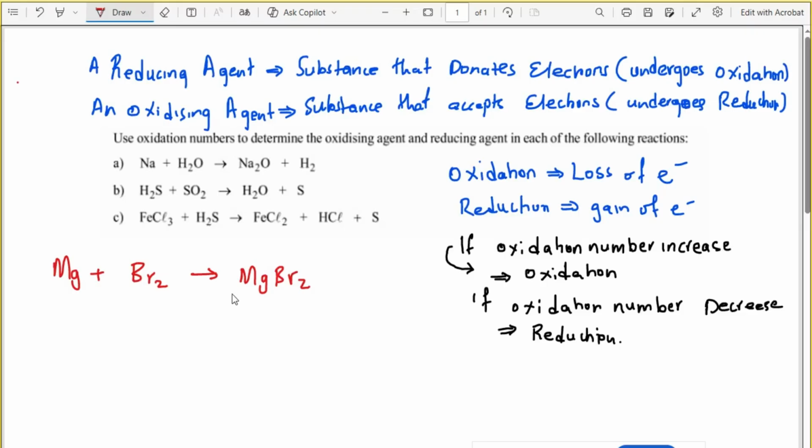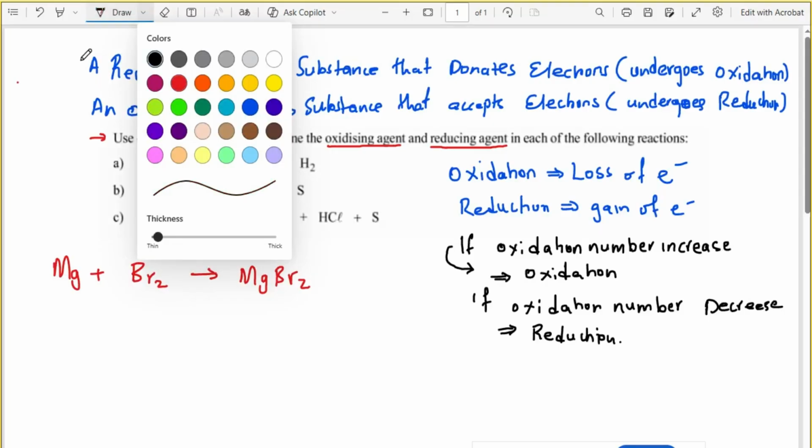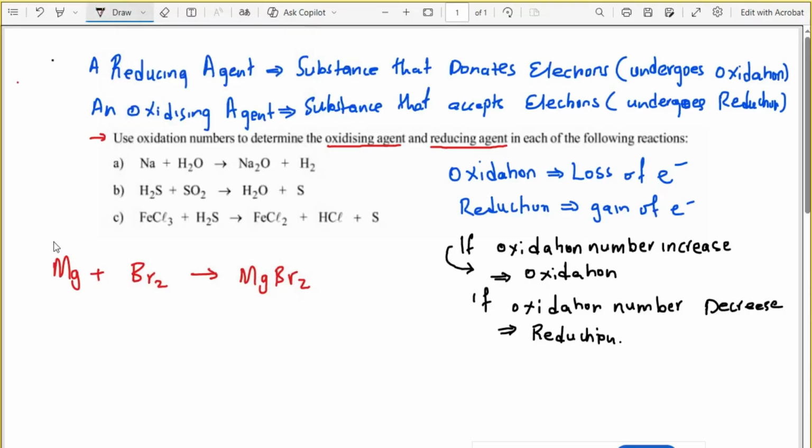So when you look at this, we need to understand, because the question here is asking you to use oxidation numbers to identify which one is the oxidizing agent and which one is the reducing agent. So what you need to do first, let's identify the oxidation number of that magnesium. I want you to tell me what is the oxidation number of magnesium.